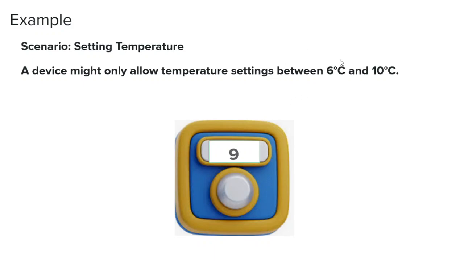So between 6 to 10, if you take any value, let's say 9 degrees, if it works for 9 degrees, then it will work for 8, 7, 6 and 10 degrees as well, because that is between 6 to 10. So we can take one value between 6 to 10, that will create a positive class.